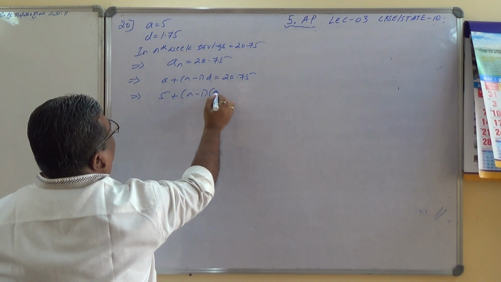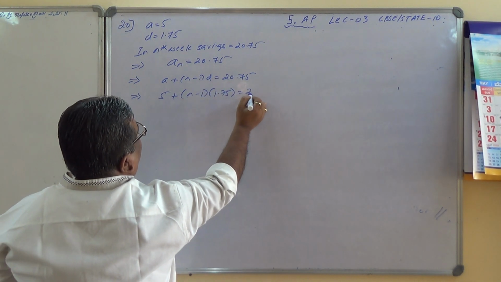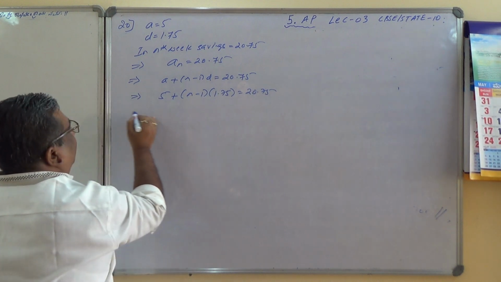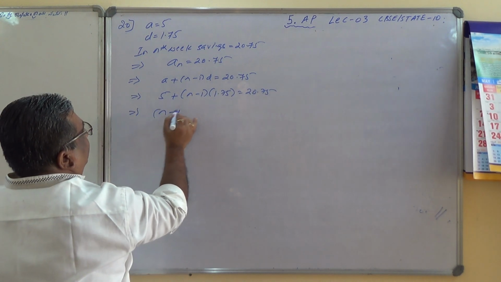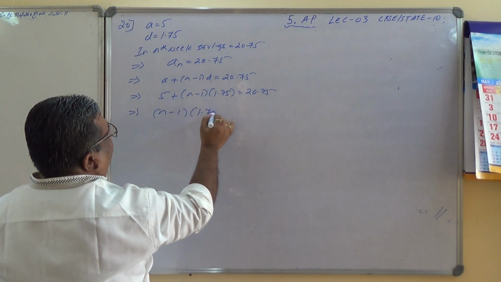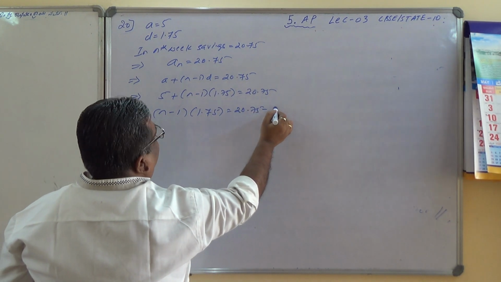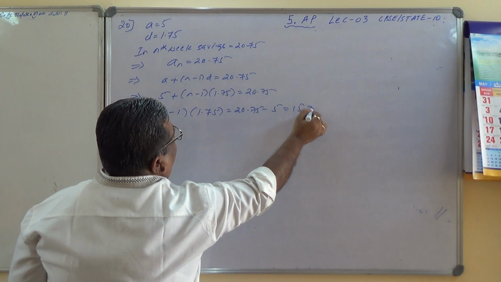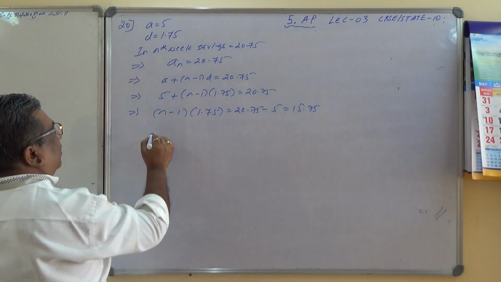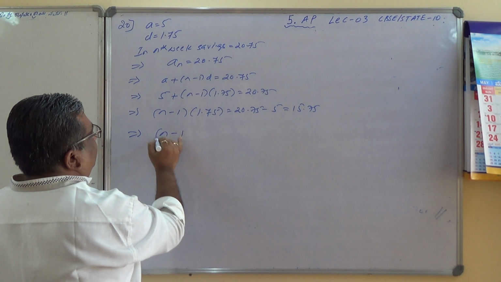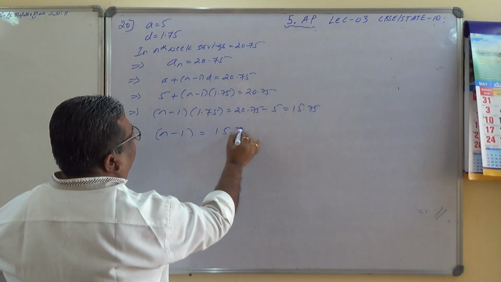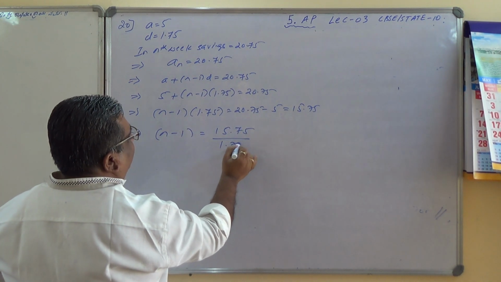A is 5, so 5 plus n minus 1 into 1.75 equals 20.75. n minus 1 into 1.75 equals 20.75 minus 5, which is 15.75. So n minus 1 equals 15.75 divided by 1.75.